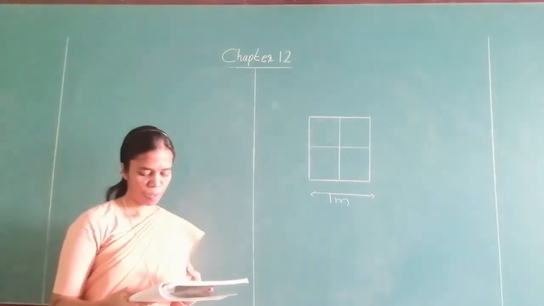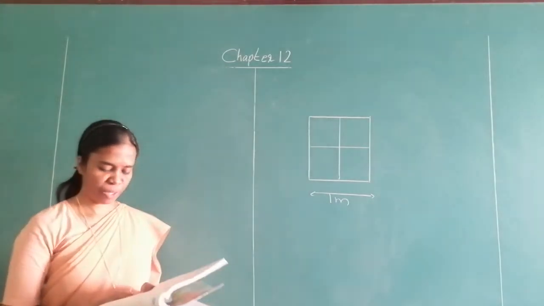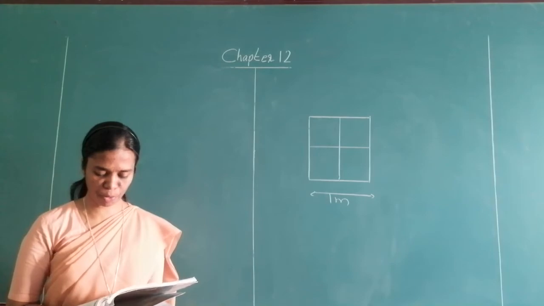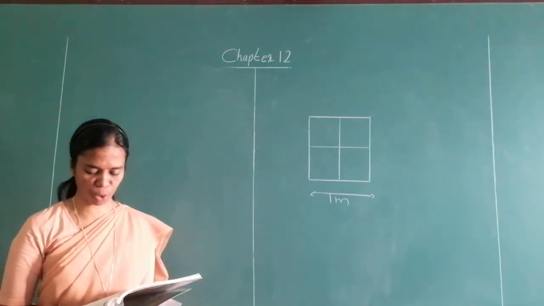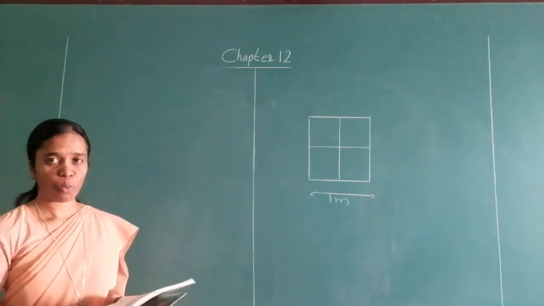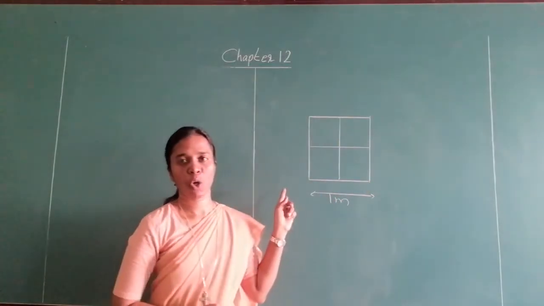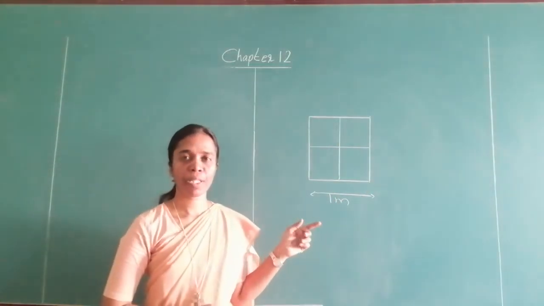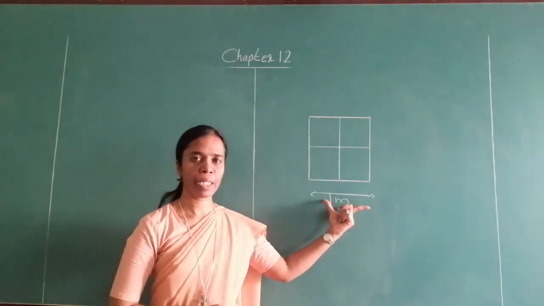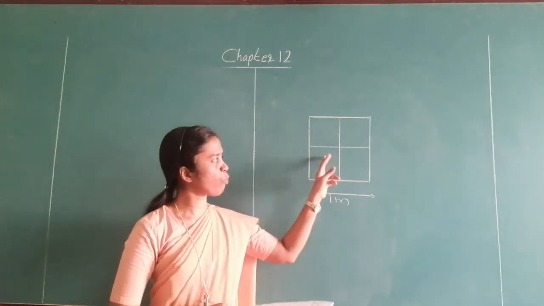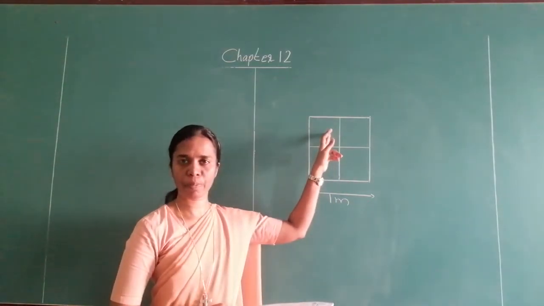Next one. As shown in figure, 4 napkins of the same size were made from a square piece of cloth of length 1 meter. This is a square piece of cloth. What is the length of it? 1 meter. Now from this we have to make 4 napkins.